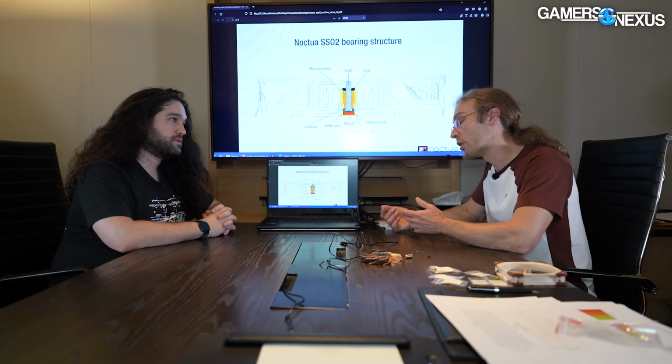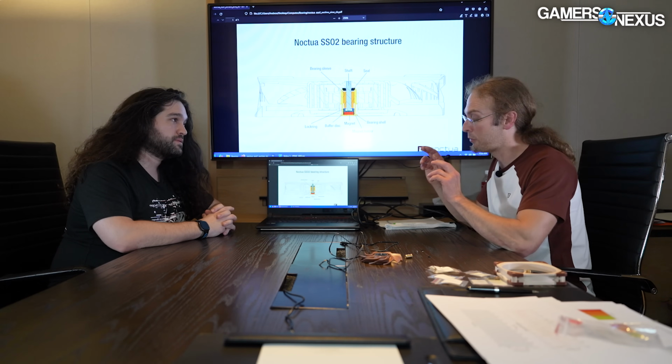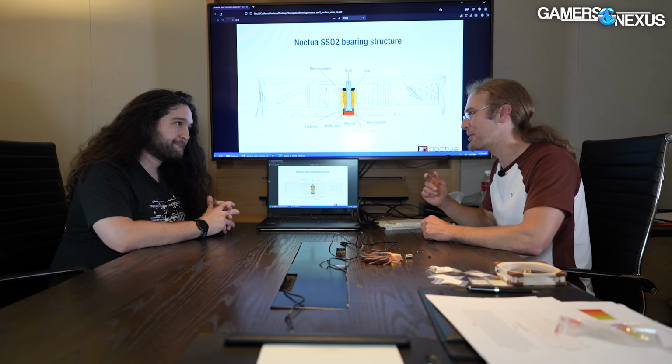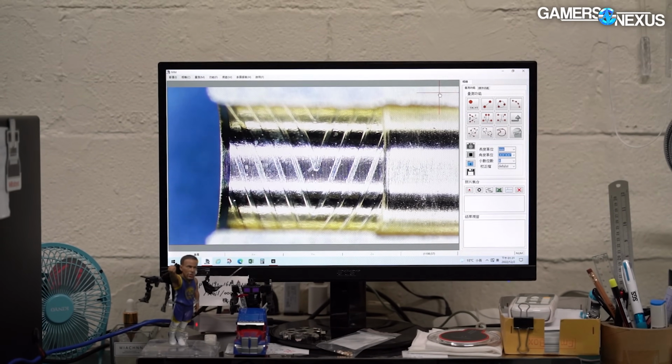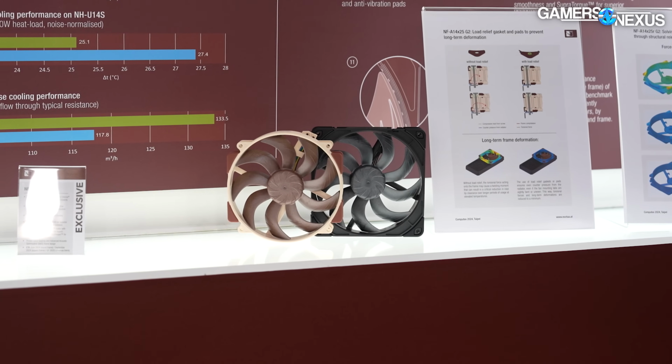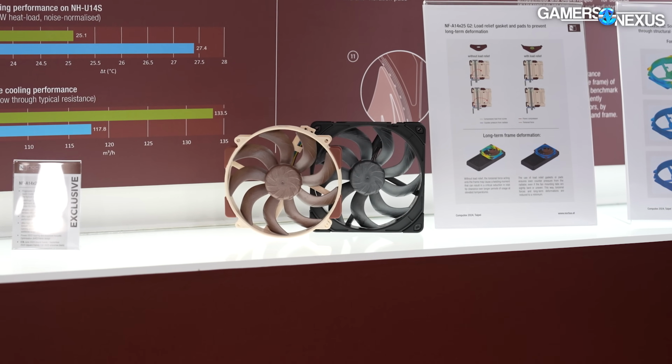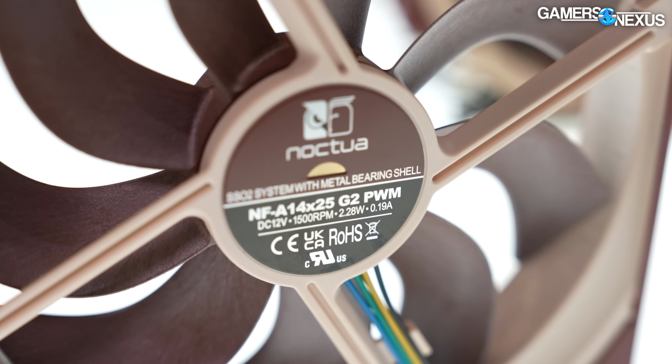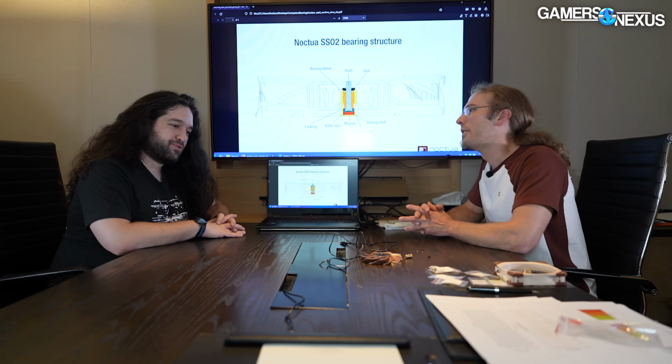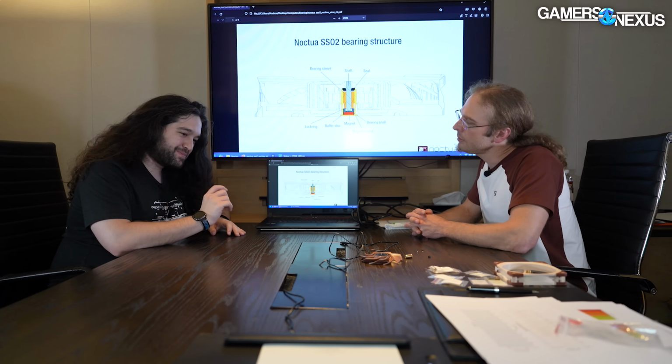This is a point where FDBs, if we assume that FDBs are those with the groove, actually do have an advantage, because the extra fluid circulation you can create with the grooves enables you to use higher viscosity lubricants. Okay. And the higher viscosity lubricants can be used at higher temperatures because they don't dissipate as quickly when you run high temperatures.